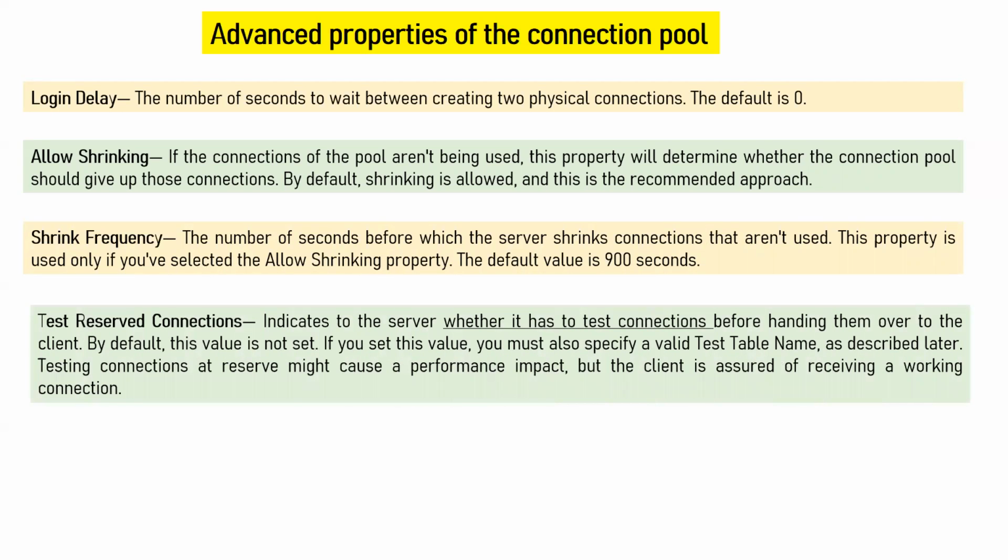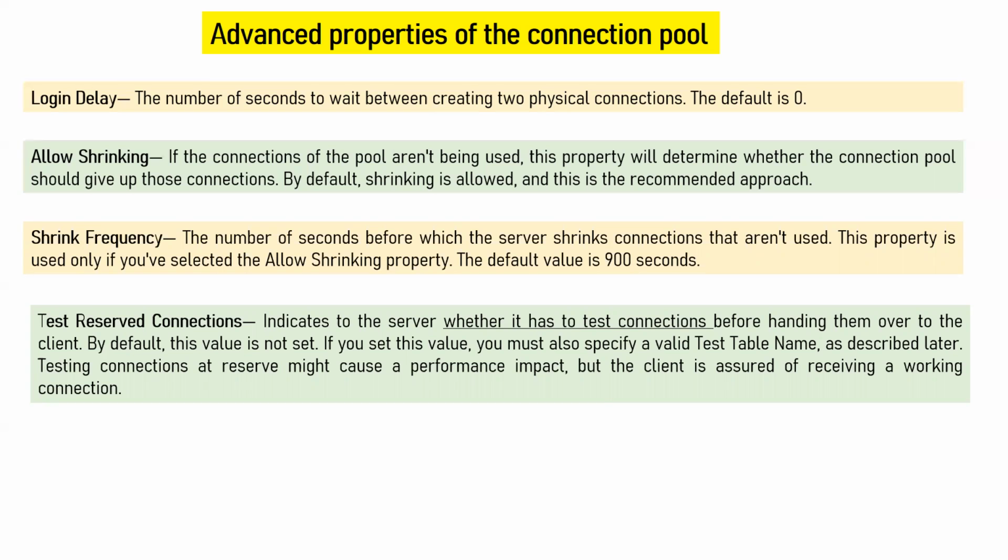Another important parameter is test reserved connections. Test reserved connections indicates that the server has to test the connections before handing them over to the client. So whenever a client needs a connection from the data source, if test connection on reserve is enabled, it will test the connection and return only a healthy connection to the client.